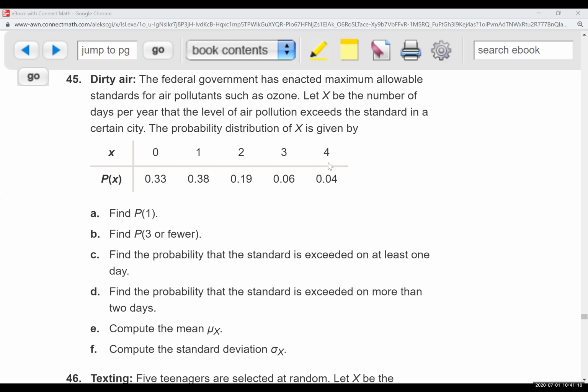The probability distribution of X is given by this table here, and please get your calculator and enter these numbers into L1 and L2. The same thing here: 0, 1, 2, 3, 4.